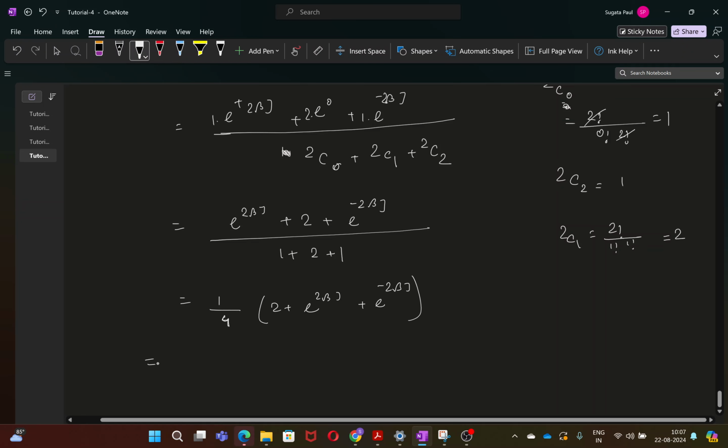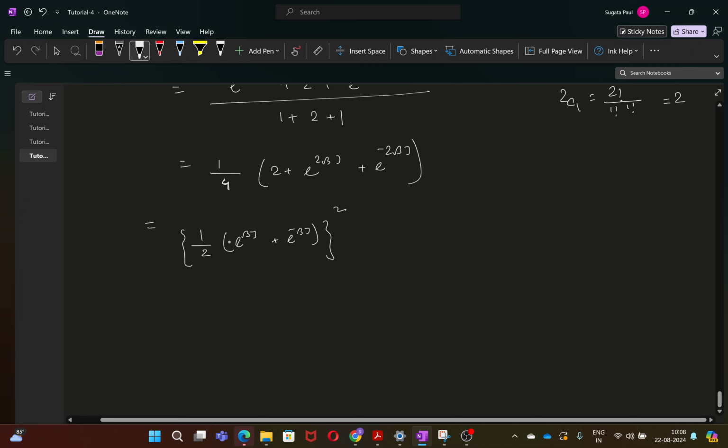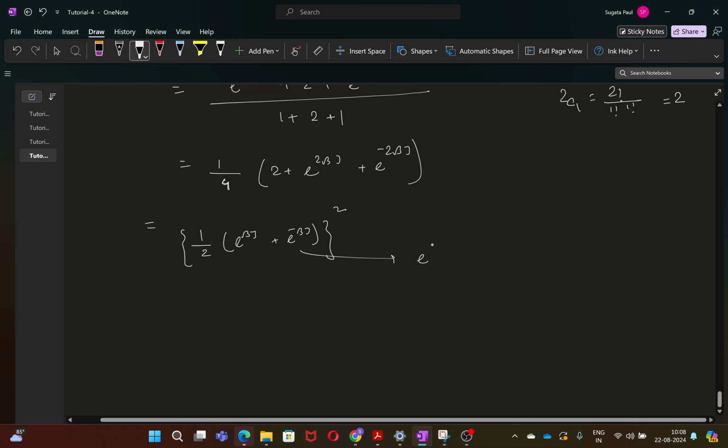Now if you look carefully, you will see that this is nothing but the square of this form: e to the power of plus beta j plus e to the power of minus beta j, divided by 2, whole square. So this 2 whole square makes it 4 in the denominator, and in the numerator e to the power plus beta j plus e to the power of minus beta j whole square is basically a square plus 2ab plus b square formula.